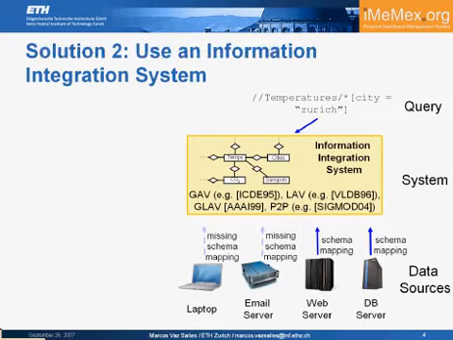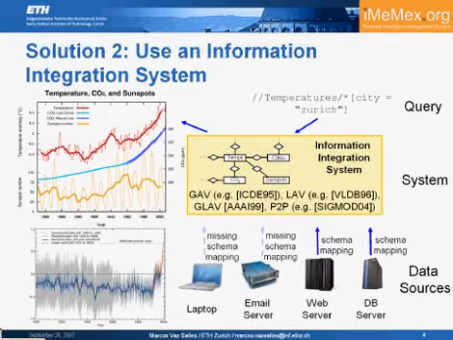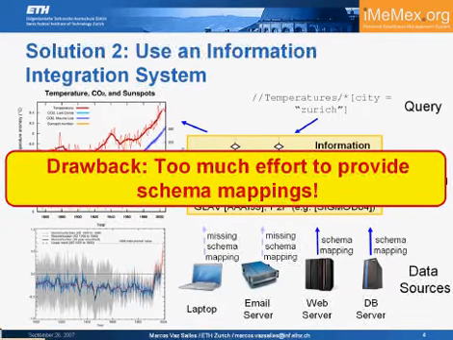The answers produced by an information integration system are precise answers, but that comes at a cost. Creating the schema mappings is an expensive process which requires human intervention. So the main drawback of an information integration system is that too much effort is necessary to provide schema mappings. In fact, for a number of data sources, schema mappings may be missing, and the information in these sources is simply unreachable by the information integration system.